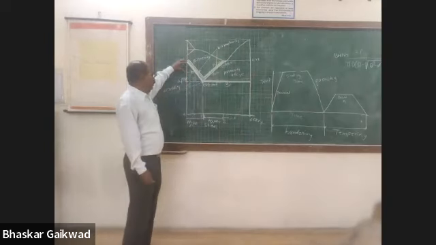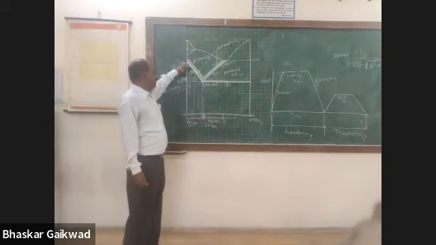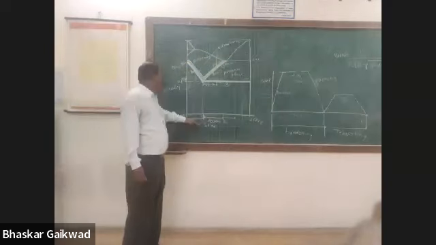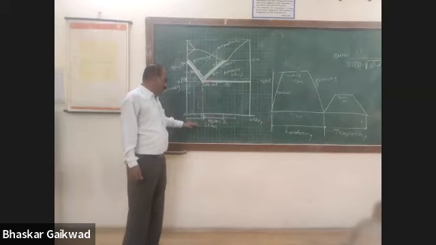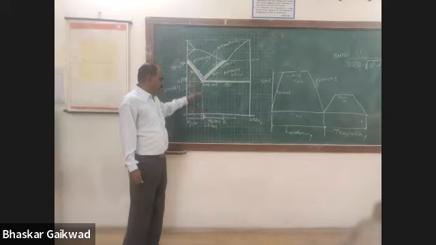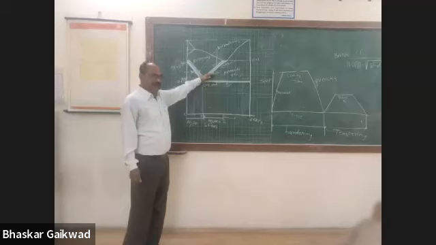Okay, so annealing temperatures: for hypo A3, for hyper A1. For normalizing: for hypo greater than the annealing temperature, for hyper above the ACM line temperature. Soaking time remains the same for both.